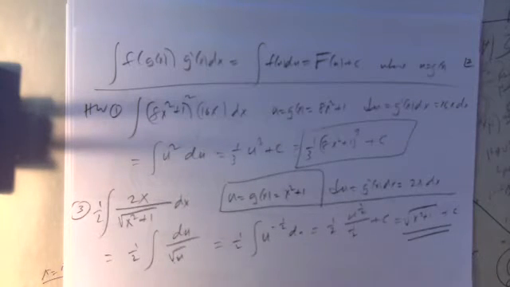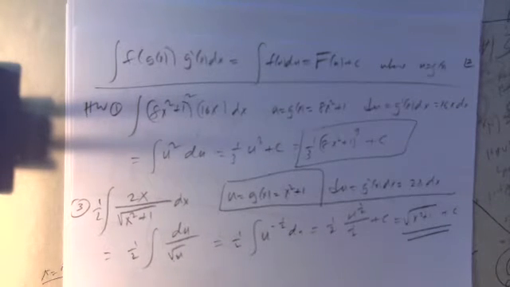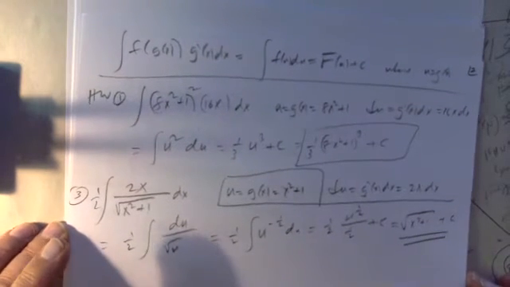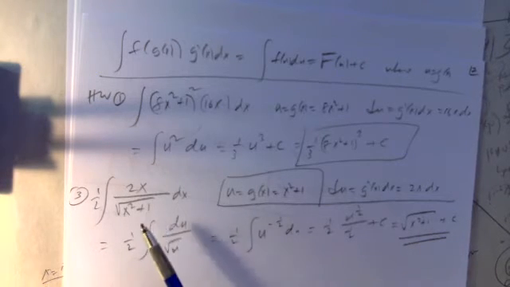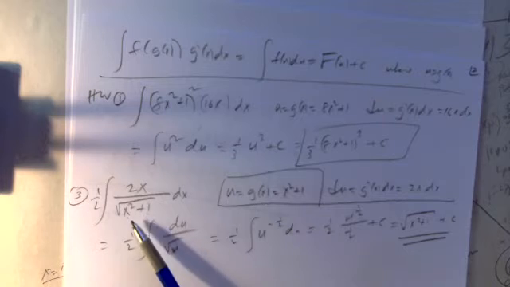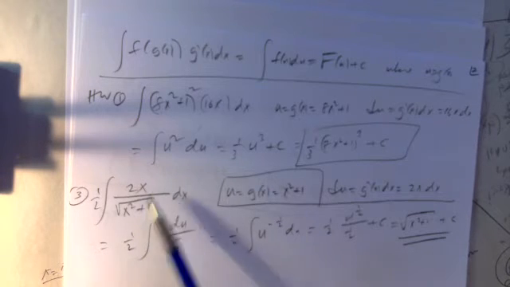And if you ask, how do I know to make that substitution? That is just something you learn. It's a skill that you learn by spending a lot of time trying to solve these problems and looking at the worked examples, either in the text or in these lectures, and seeing what happened, how it worked. But the idea is to find something that you can let be equal to u, where you also have the derivative of u.